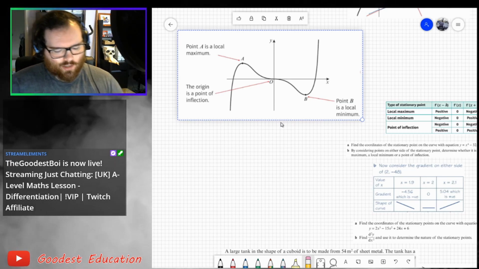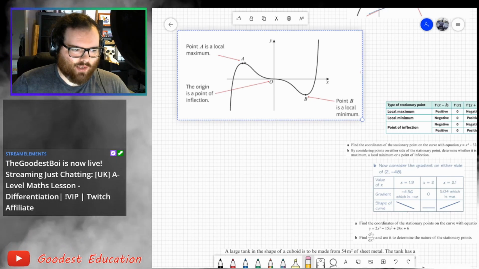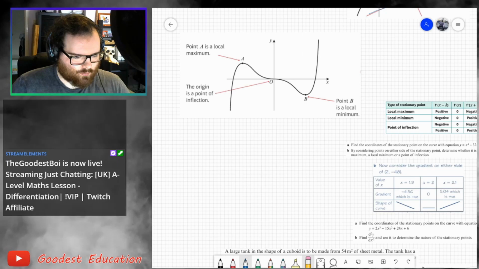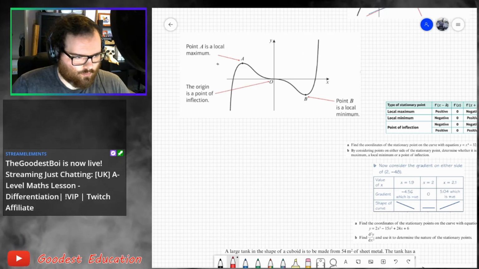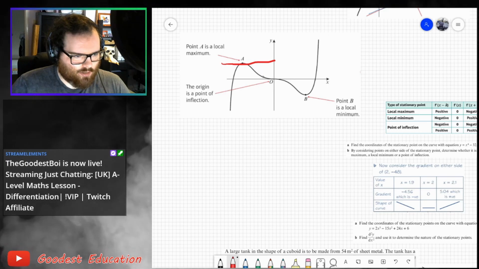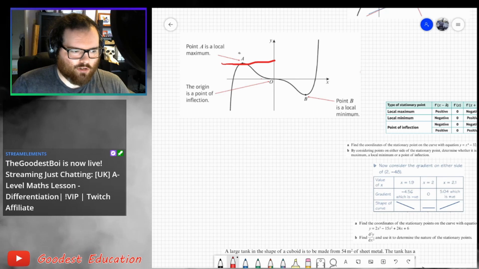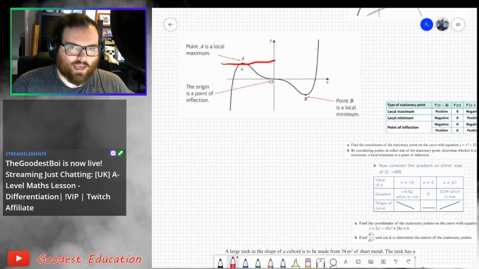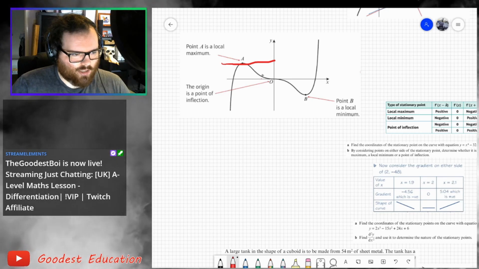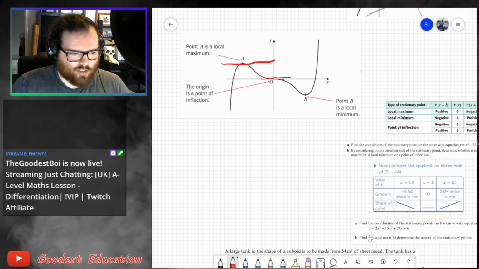So when a curve changes direction, so here it's increasing, the gradient is equal to 0 at this point, and then it starts decreasing, and we call that a local maximum. And then again, another example is it starts decreasing, and then the gradient is equal to 0, and then it starts decreasing again.